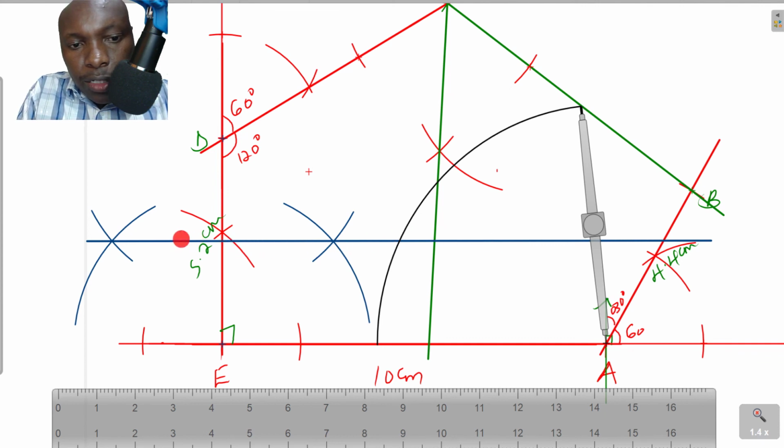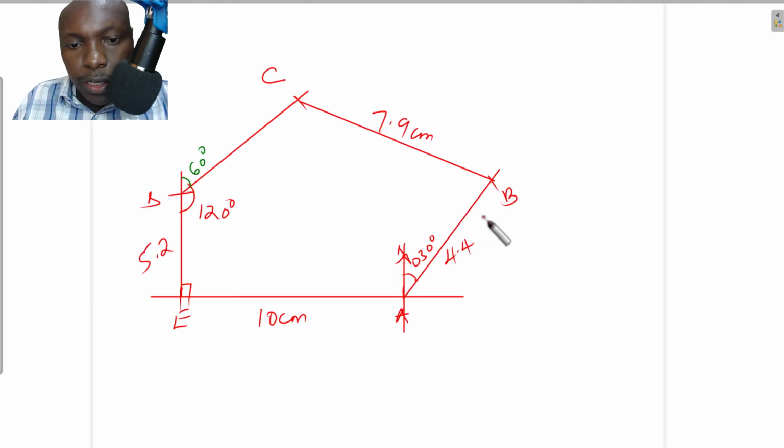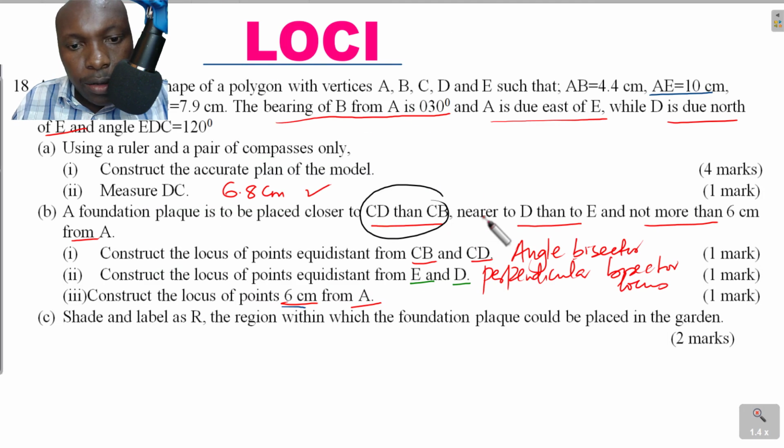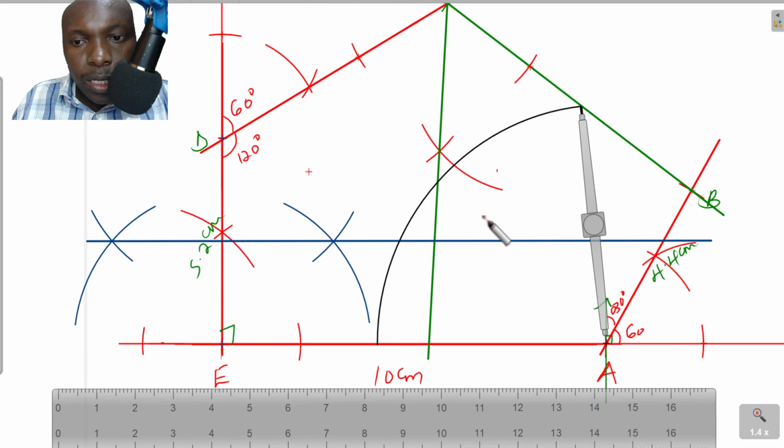This is the locus of equidistance from two fixed points, that is E and D. And also it should not be more than, it should be this one. There the locus should be 6 centimeters from A. It should not be more than 6 centimeters from A. So that is the region that we need to mark.